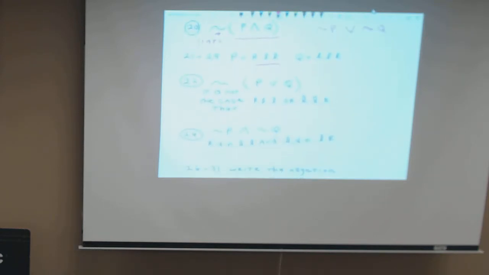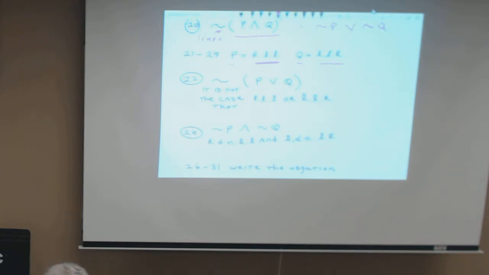Number 21 to 25. Now they changed the rules again. P is Ricky loves Lucy, and Q is Lucy loves Ricky. So now give the verbal translation of number 22. It is not the case that, what's P stand for?